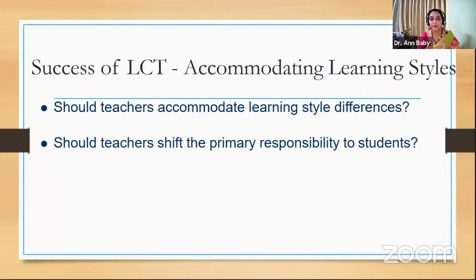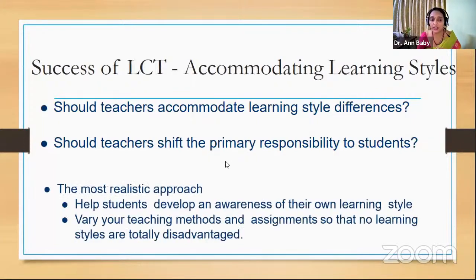So, LCT, what they say is both aren't wrong, but the most realistic approach is to help the students to be aware of their own style. It is a mixture of both.